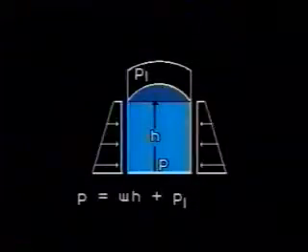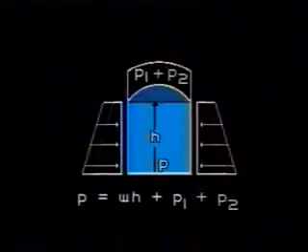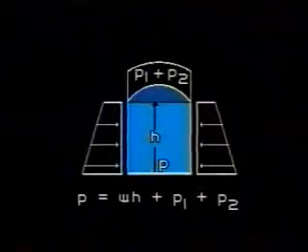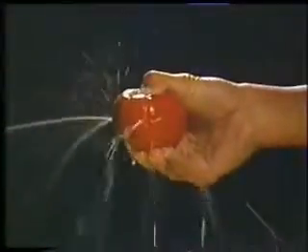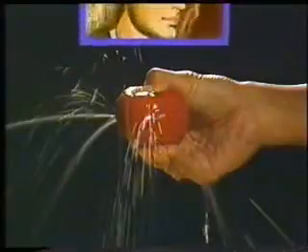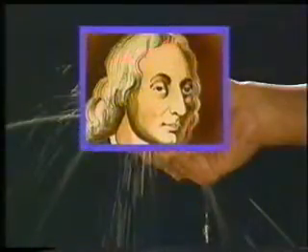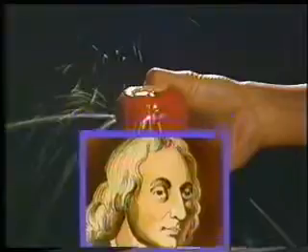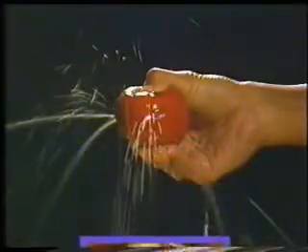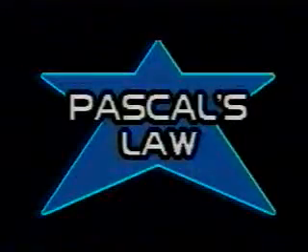On increasing the pressure P1, the pressure at any depth must increase by exactly the same amount. Transmission of pressure equally in all directions was first established by Blaise Pascal and is known as Pascal's law.